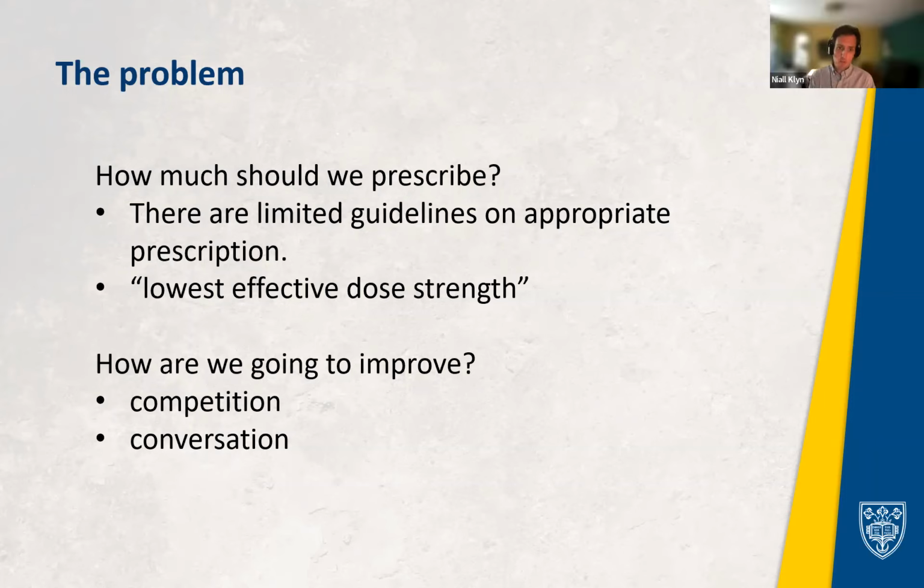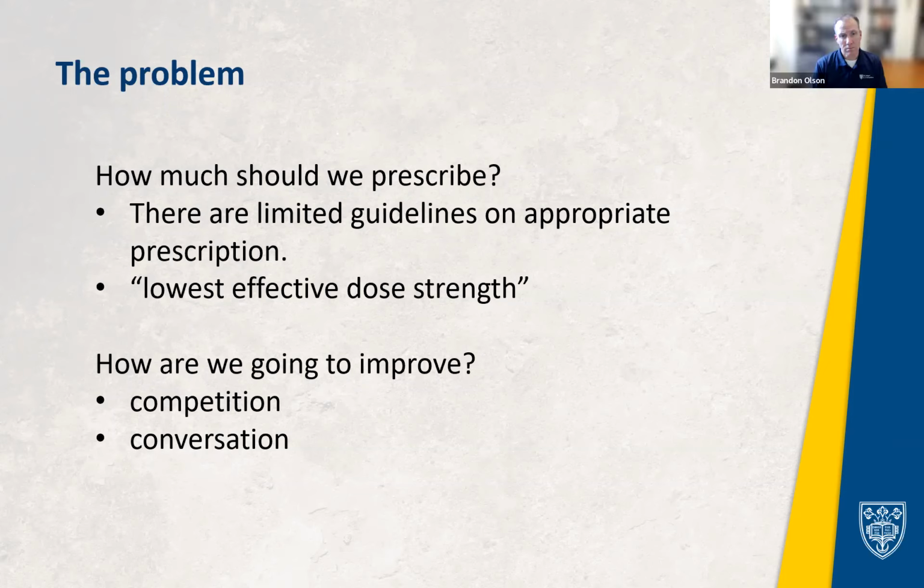So from an analytics perspective, we're getting back to how we're going to find that from the data we have available to us. Then the other question was, how are we going to improve? As we find these opportunities and discrepancies, how are we going to make use of these data to improve? For this particular application, it was twofold.